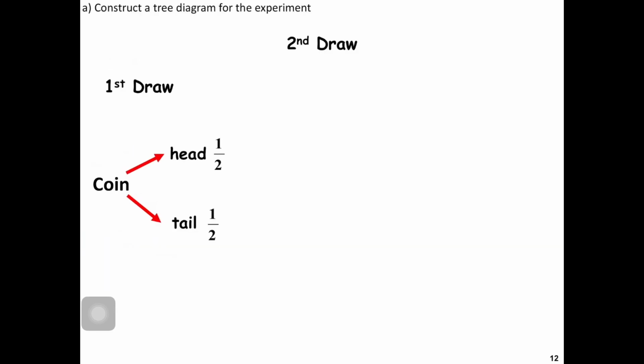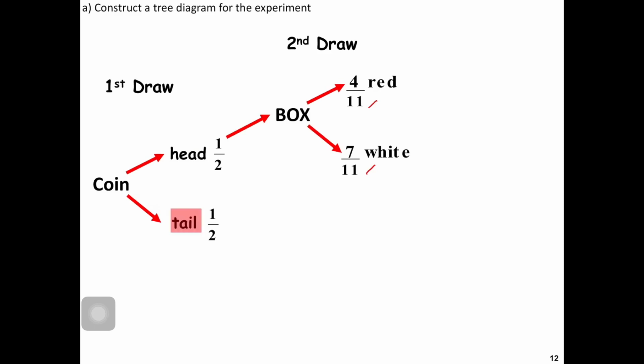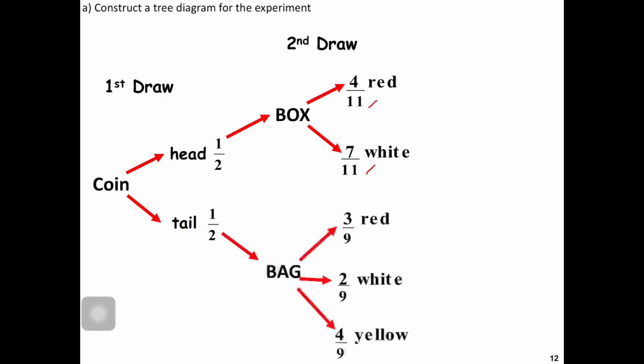For the second row, if in the first row you obtain a head, then you will be taking a marble from the box, where inside the box you have 4 red marbles and 7 white marbles. So these are the respective probabilities to obtain the red or white marbles. And if in the first row you obtain a tail, you will be taking a marble from the bag.